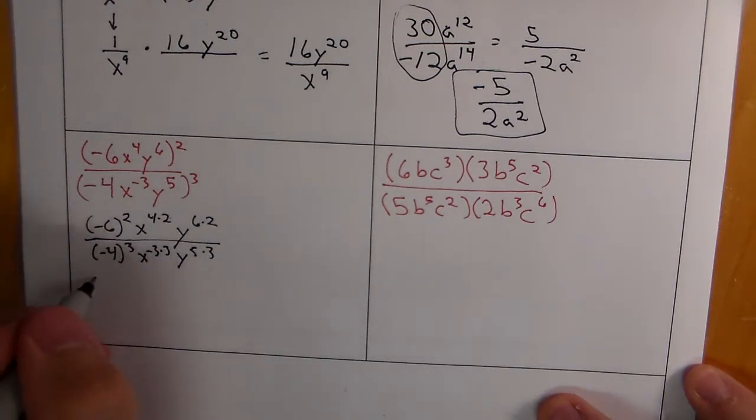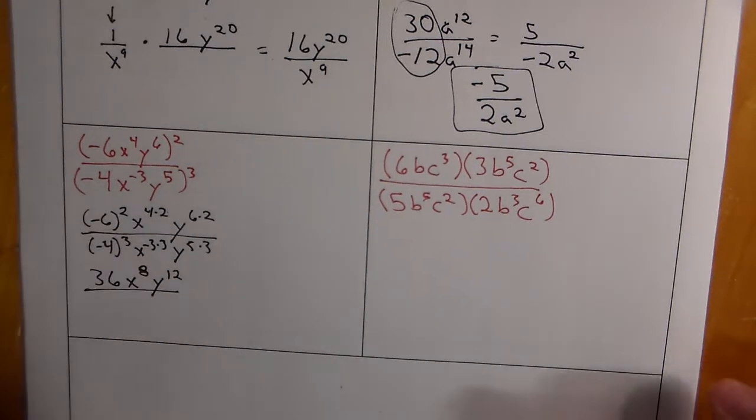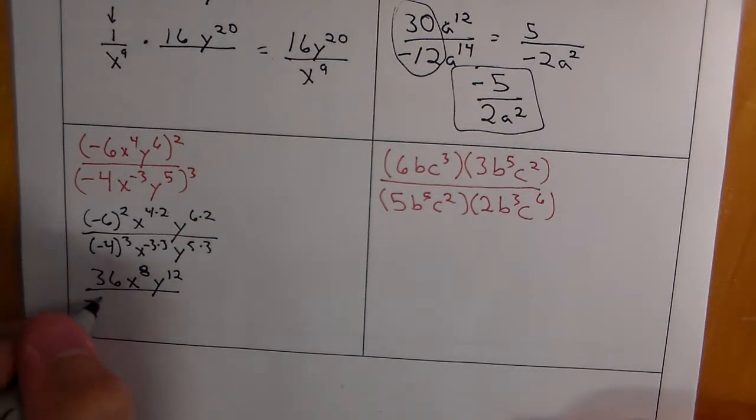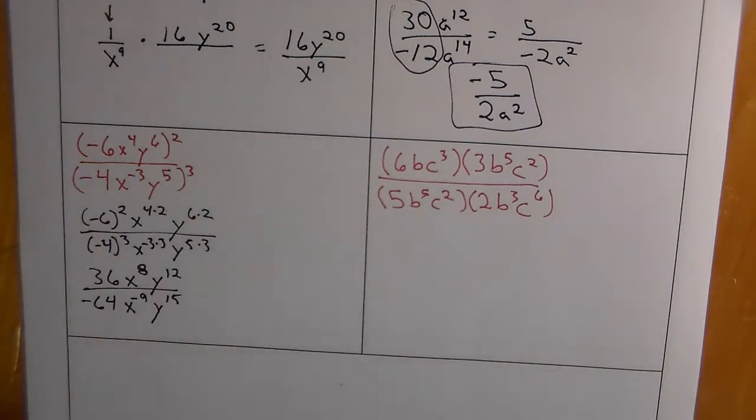So if we clean that up, we got 36x to the 8th, y to the 12th over negative 4 to the 3rd, which is negative 64, x to the negative 9th, y to the 15th. So from here we have 3 parts to finish the problem: coefficients, x's, and y's.